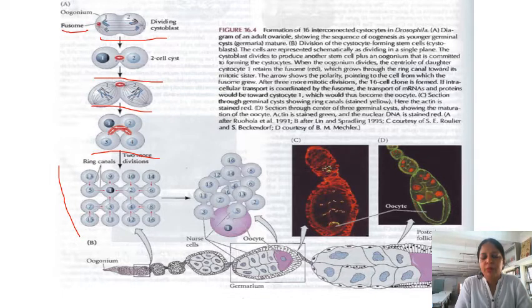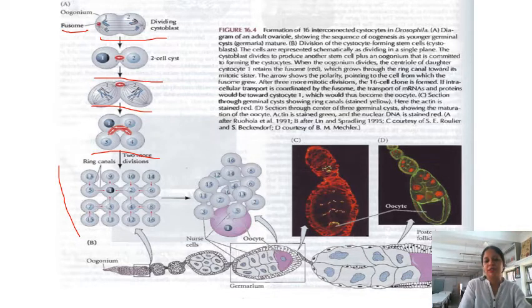This fusome doesn't divide, it moves only to a single cell. Like in the two cell stage, this fusome will migrate to cell number 1, and then again in the 4 cell stage this fusome is retained by cell number 1. Ultimately when the 16 cells are formed, the fusome is present only in cell number 1.